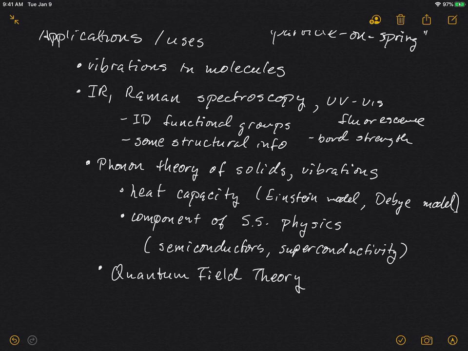It's also the basis, it turns out, some of the mathematical features that come up in the harmonic oscillator model actually end up getting used and form the basis for quantum field theory, in that the electromagnetic field in quantum field theory is represented as a collection of harmonic oscillators.